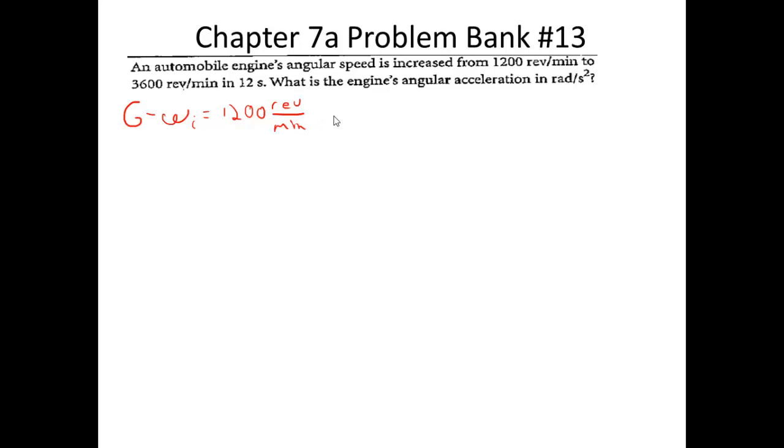So let's first change that to radians. There's 1 revolution for 2 pi radians, and there is 1 minute per 60 seconds.